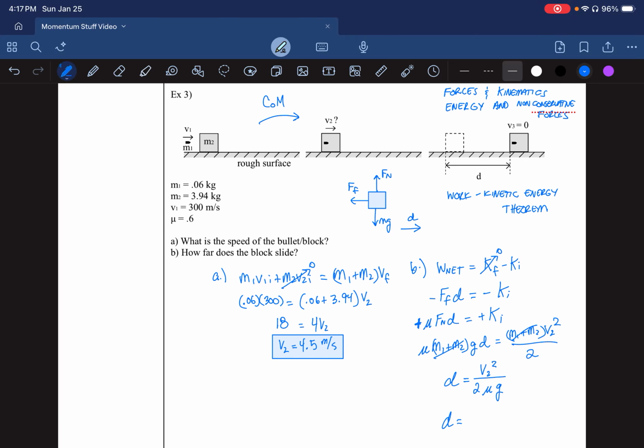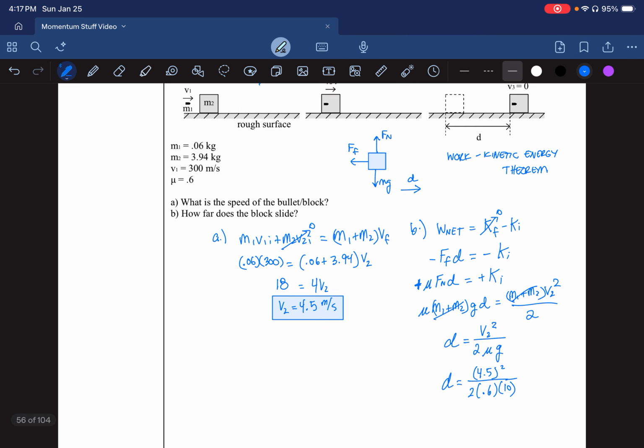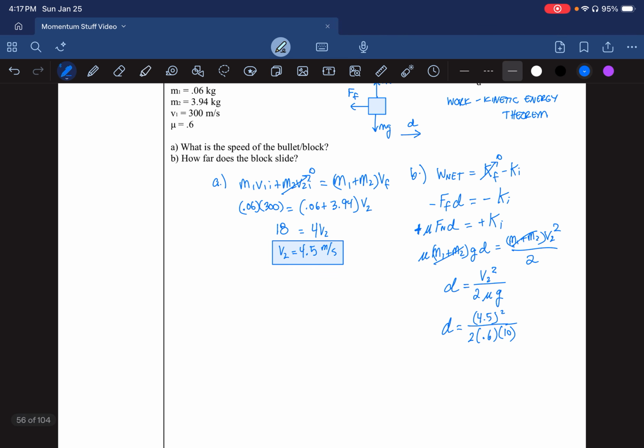And so the distance is 4.5 squared over 2 times 0.6 times 10. And our calculator gives 1.69 meters.